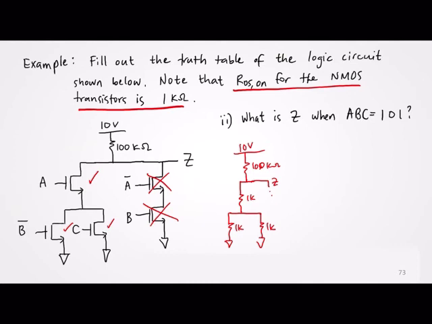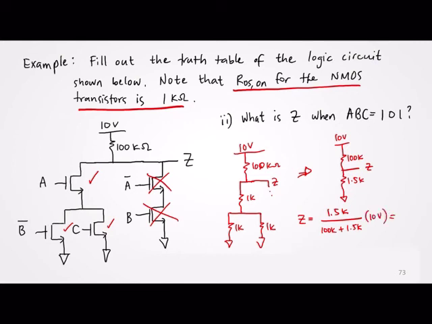So looking at the circuit, I could actually redraw it even further into 10 volts and then 100 kilo ohms. Then these two parallel 1K would be 500 ohms. Then it is in series with this 1K, so that what we'll have is 1.5K, and then this is your Z. So applying voltage division, your Z would be 1.5K divided by 100K plus 1.5K times 10 volts.